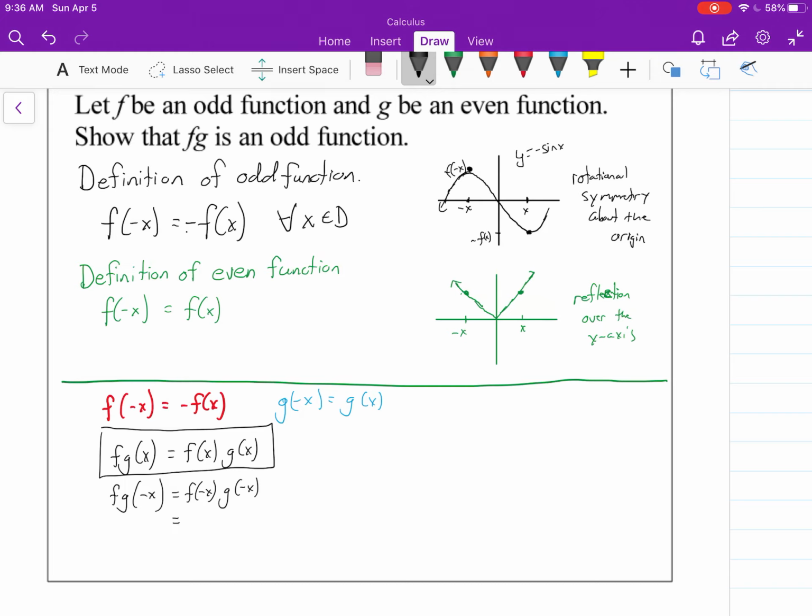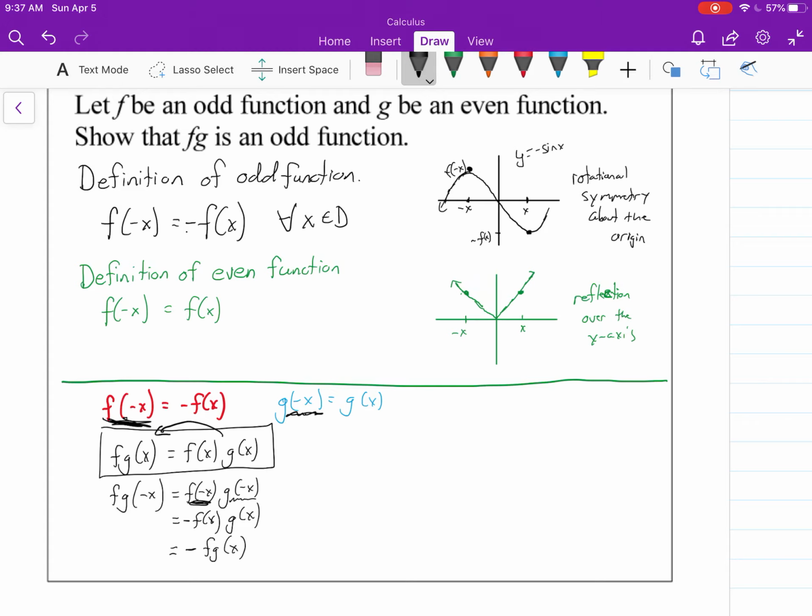But f is an odd function, so this part right here is just going to be negative f of x. And g is an even function, so g of negative x is simply going to equal g of x. What we have here is negative f of x times g of x, or going backwards to the definition, we have negative fg of x.